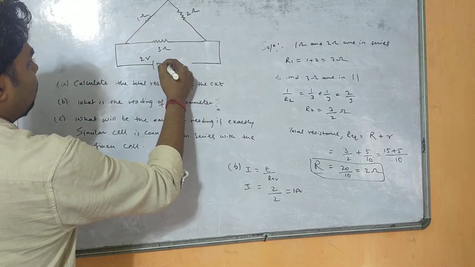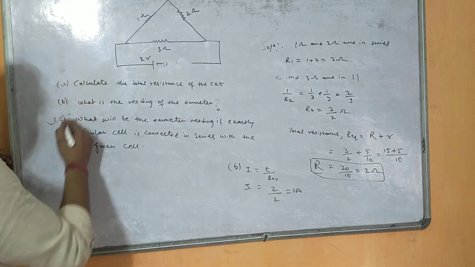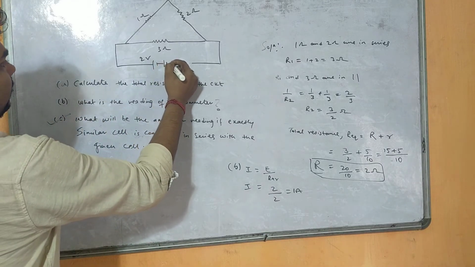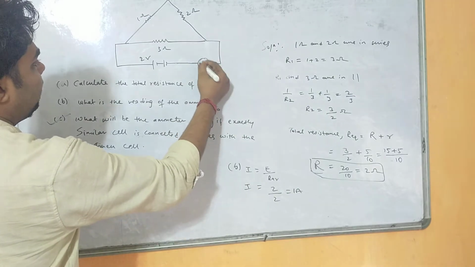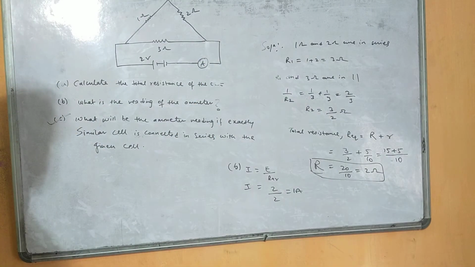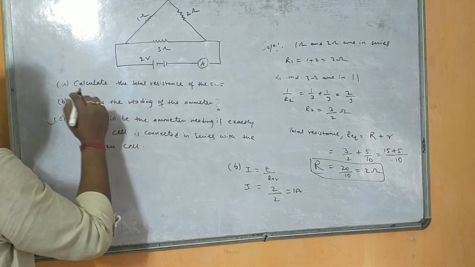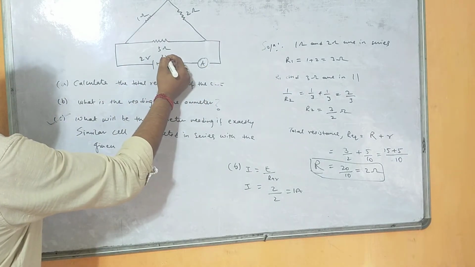Similar one more cell is connected in series with this. Then what will be the ammeter reading?